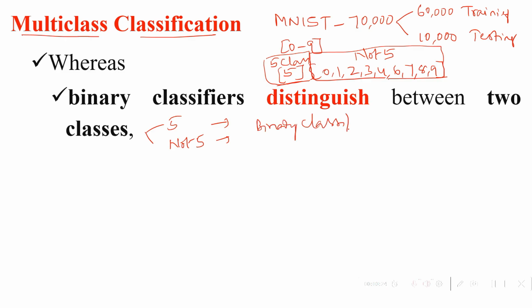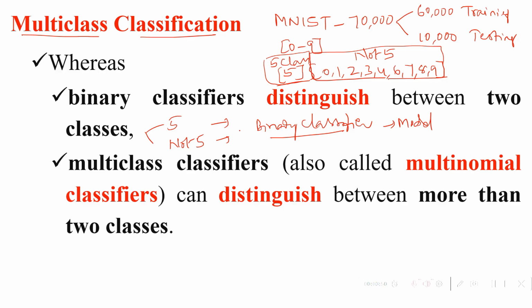On this model, we found the performance: the confusion matrix, accuracy, precision, recall, F1 score, precision recall trade-off, and the ROC curve and AUC curve. Now, in this video, we are going to see what multi-class classification is.